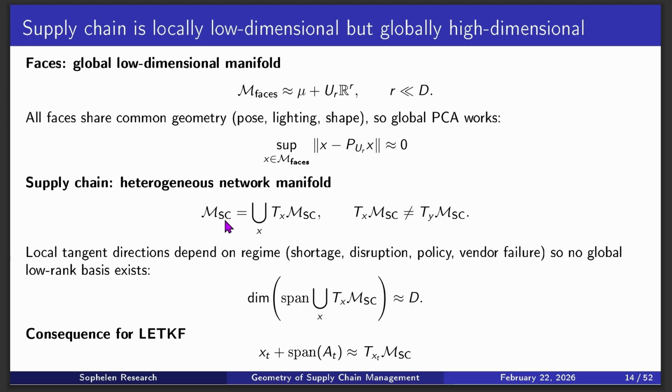Okay, now wait a minute. You're like, wait, why does PCA work here, but not in something like the supply chain manifold, where you perform PCA and find something that can construct the entire space? Well, because the manifold of faces is very flat with little curvature. If you think about it, if you take two random people, we are all pretty much the same.